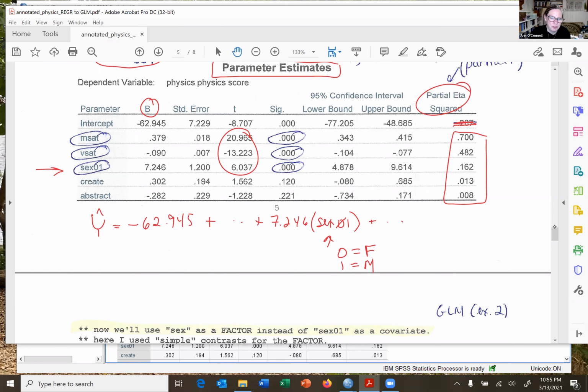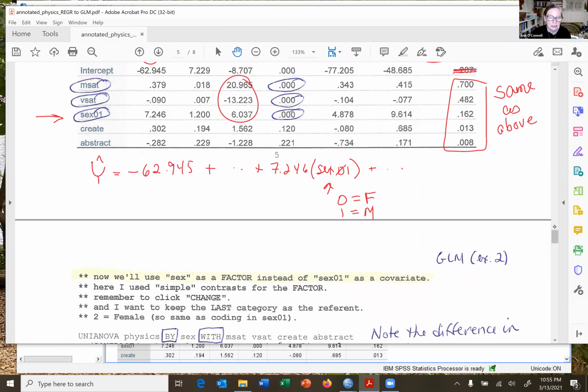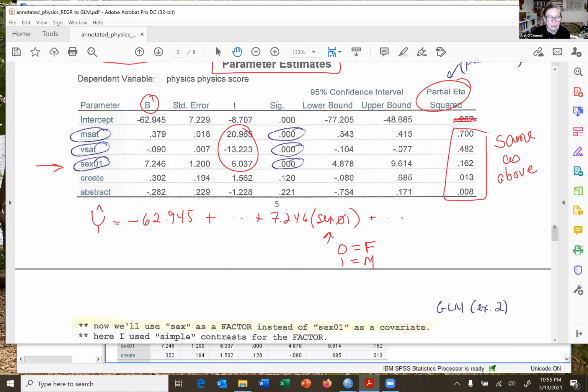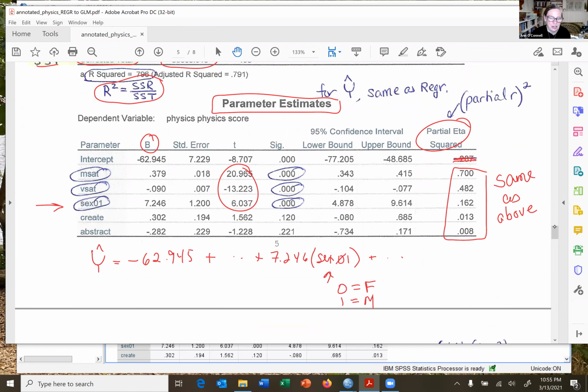If I square these, I'm going to get the contribution of each predictor to the overall model, controlling for the effects of the other predictor. So it's that remaining contribution that's being identified here in the partial eta squared.